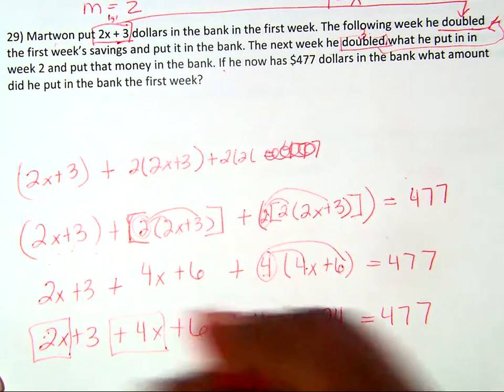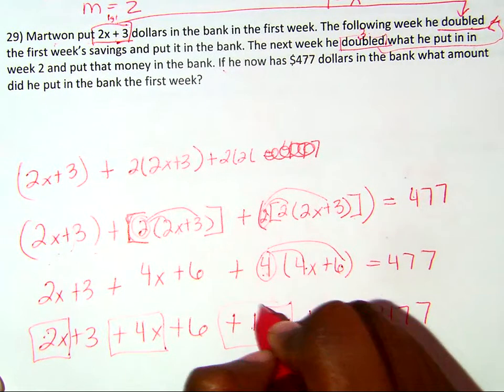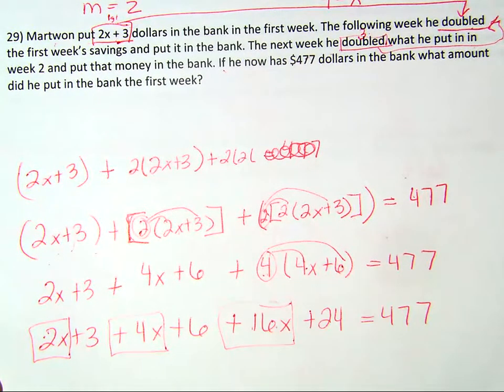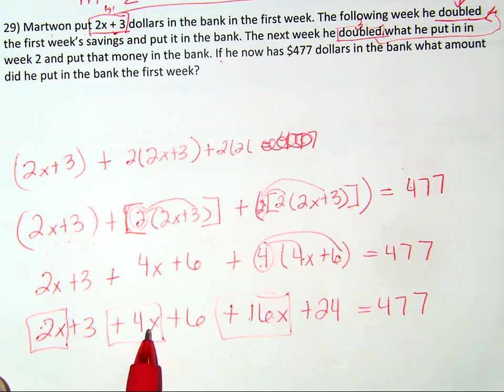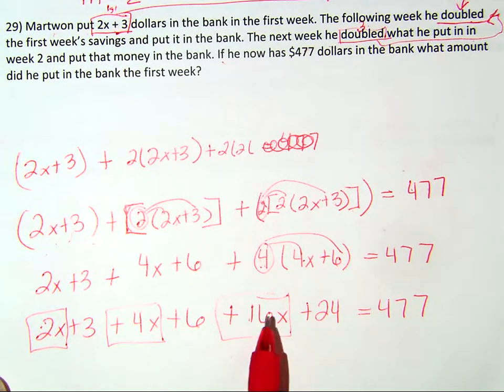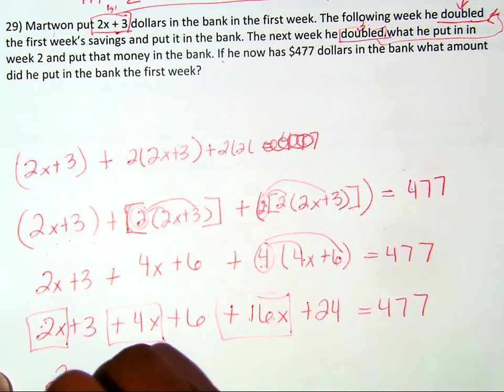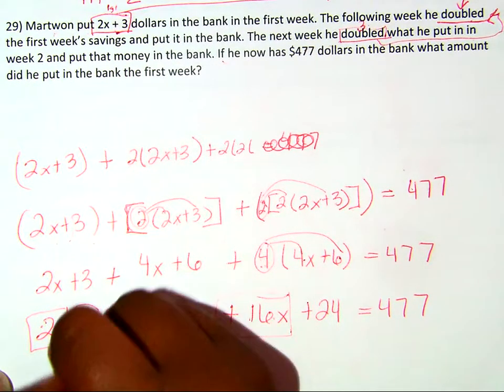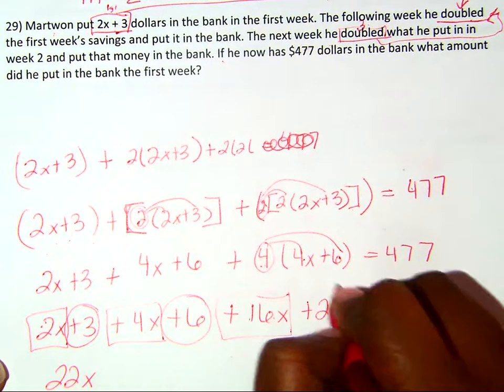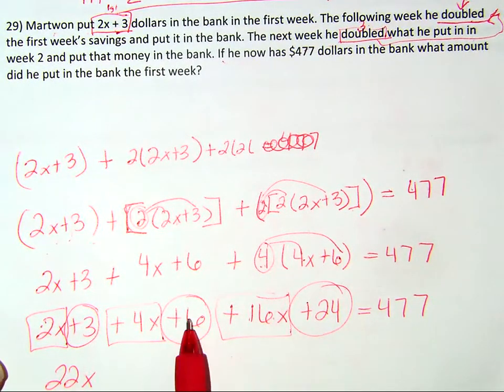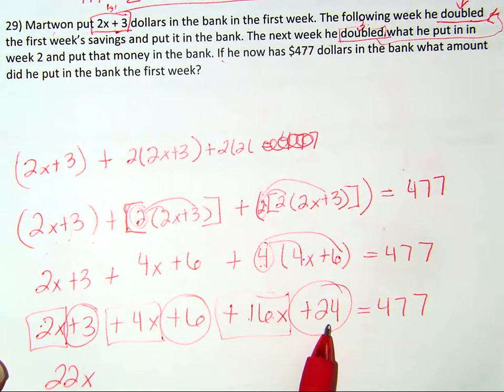So I got 2x plus 4x plus 16x. So I know this right here is 20x plus 2 is 22x. And I'm going to put circles around the numbers that don't have variables. So 6 plus 24 is 30 plus 3 is 33. And I still have equals 477.